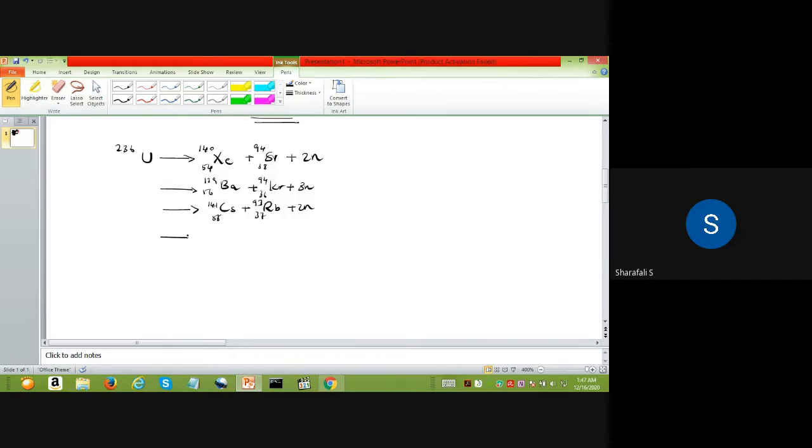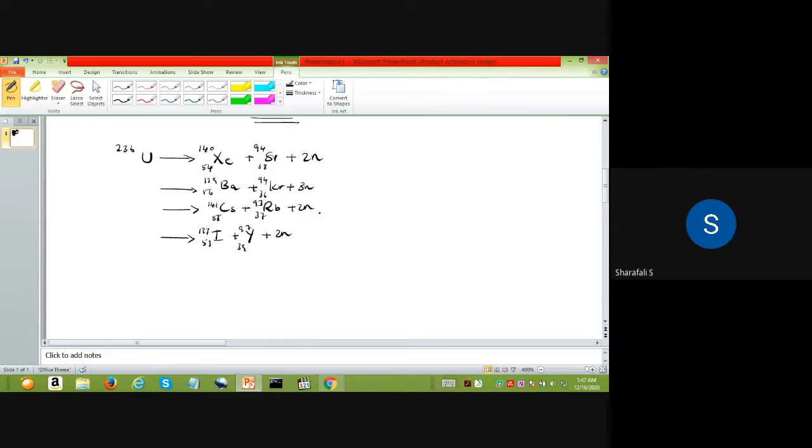Then again it can go in some other way, which is iodine plus yttrium plus 2n. Just check that: 137, 53. Here you will have 97, then 39.